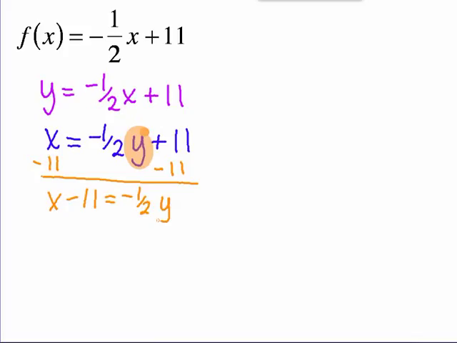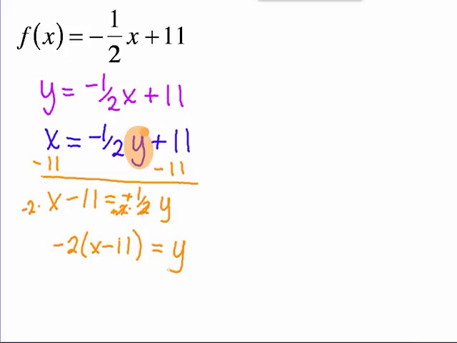For those of you that are wondering about dividing by negative 1/2, you can, but you're going to have to simplify it anyway. So we're going to multiply both sides by negative 2. Biggest thing to remember here is that your x minus 11 needs to be in parentheses. Over here on the left side, the negative 2s are going to cancel, and the negatives will cancel, and you're going to be left with y.